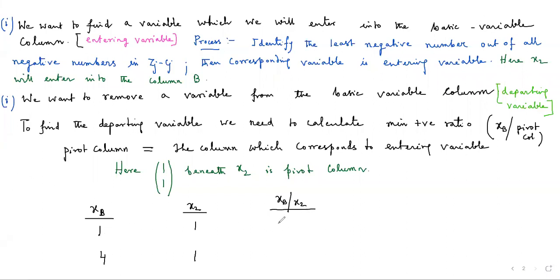For the first row, the value of xb will be divided by the value of x2. In the second one, the value of xb will be divided by the value of x2. Here xb is 1, and here its value is 4. And we want to find the minimum positive ratio.